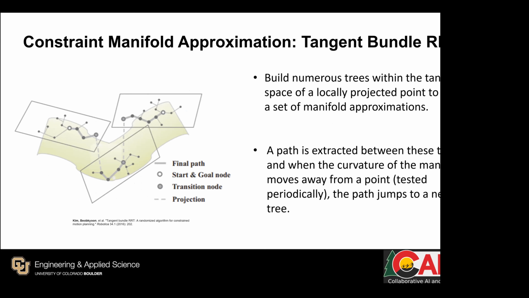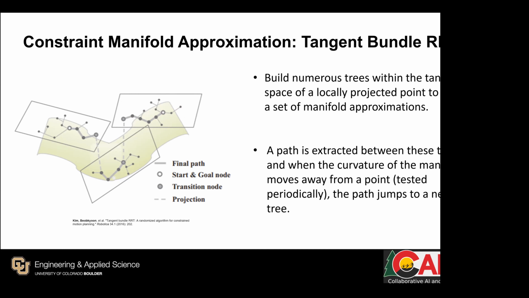The second method uses a more advanced notion that is introduced by Beobkyoon Kim, and this is called tangent bundle RRT. And the idea is, if you recall, that manifolds by definition are locally homeomorphic to Euclidean space. And so by assuming that within some radius around a point, the tangent space around that point is a good approximation of your manifold, you can simply grow your tree in the tangent space and not worry about projecting every single point down onto your manifold.